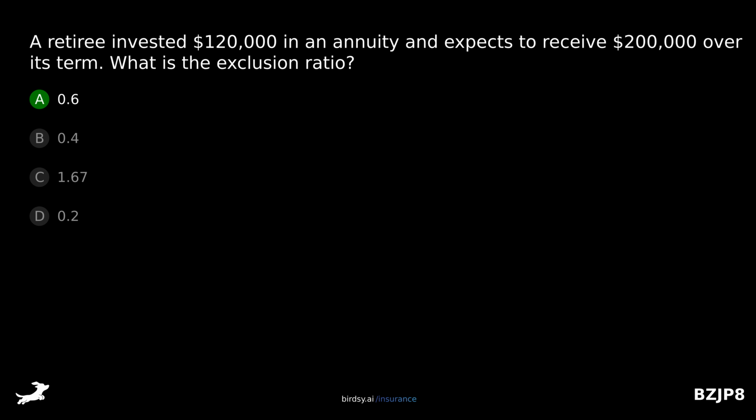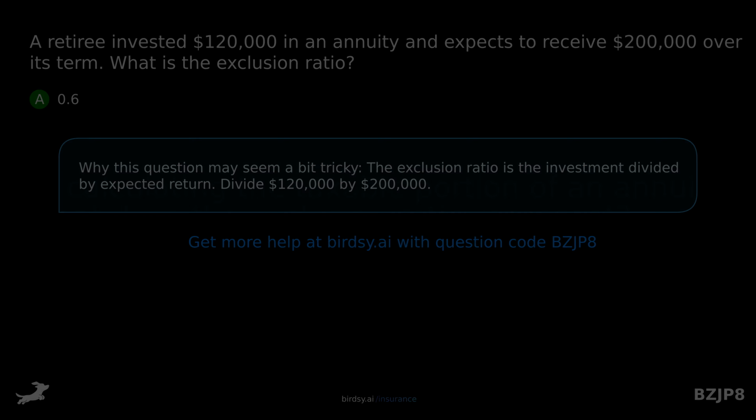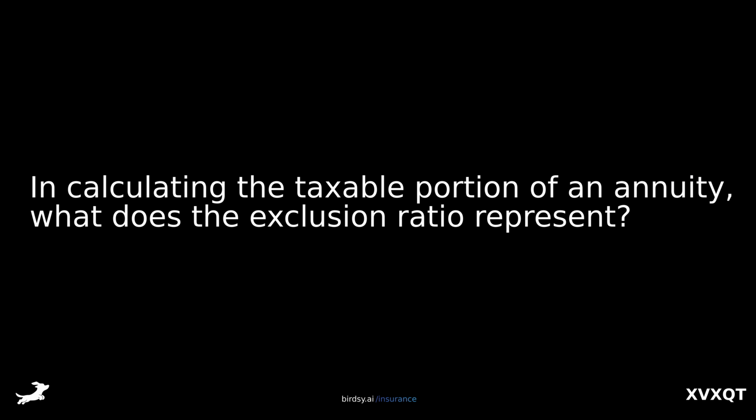The answer is A, 0.6. Why this question may seem a bit tricky. The exclusion ratio is the investment divided by expected return. Divide $120,000 by $200,000.